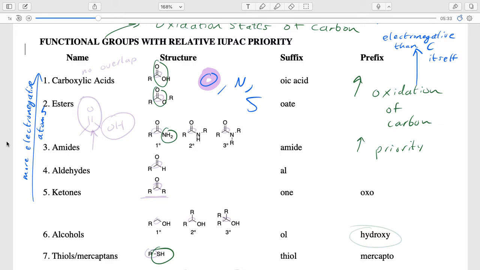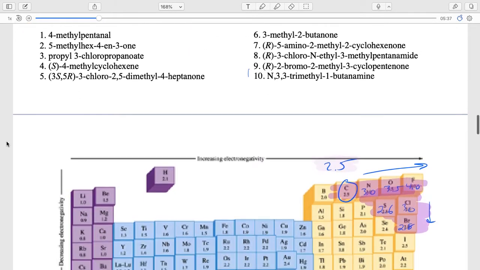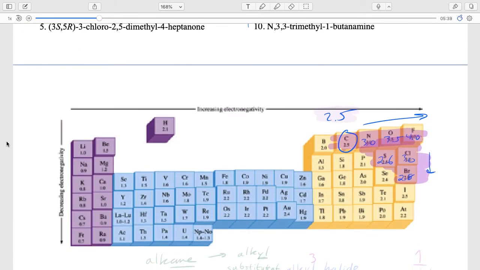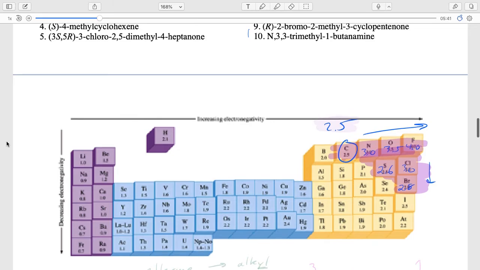Yeah, the highlighted ones. And they cause carbon to be oxidized. Yes, because carbon's electronegativity value is 2.5, and everything else up here is higher. Even though sulfur is only 2.6, that is still enough to pull electron density away from the carbon atom itself.